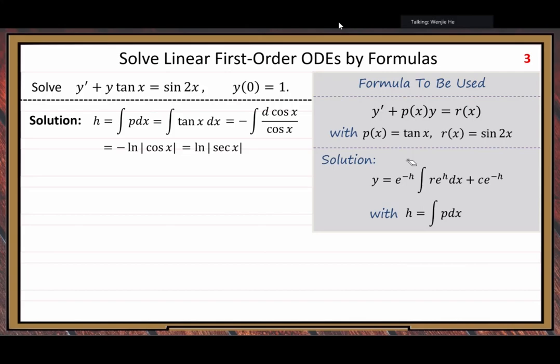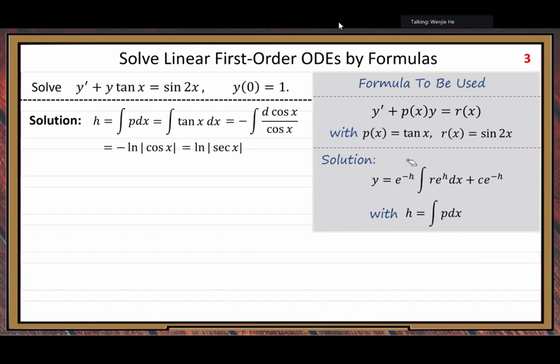Negative natural log of the absolute value of cosine x: the negative we can put inside, so that's the reciprocal of cosine, then secant. So this h function has two different forms.